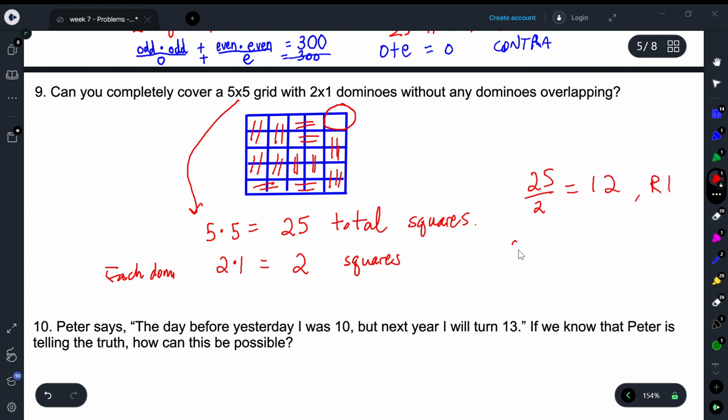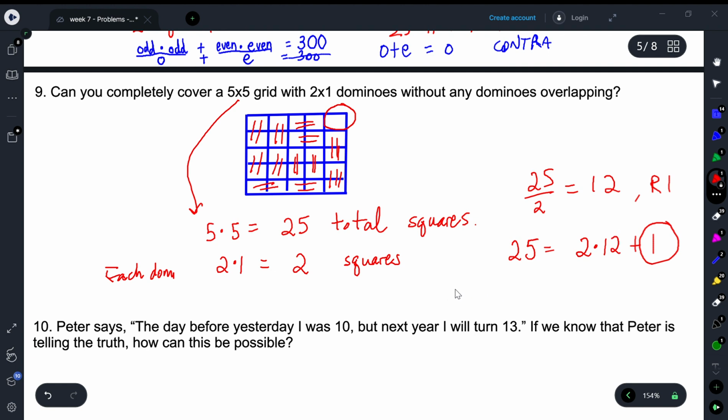Or alternatively, you can write 25 as 2 times 12 plus 1. This immediately shows us that we will have an extra square that will not fit with the other dominoes, and it will not be able to be perfectly covered with the domino, which is 2 squares. So this calculation shows us it's not possible.